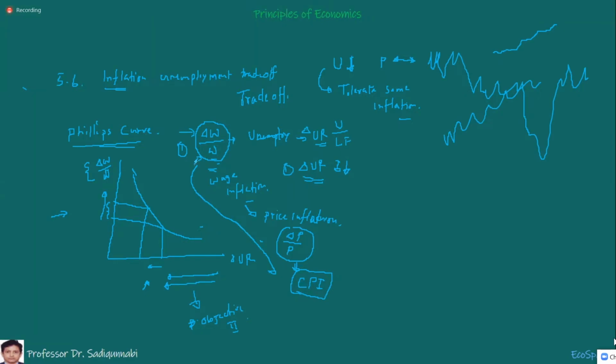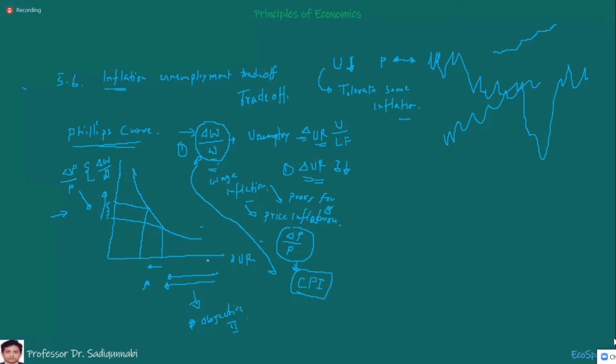So we can say that wage inflation is the proxy for price inflation. So this is also connected. So del P and del Q are also connected to this. There is a relationship between unemployment rate and wage inflation, as well as price inflation.